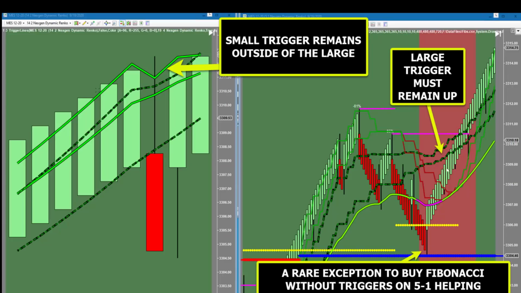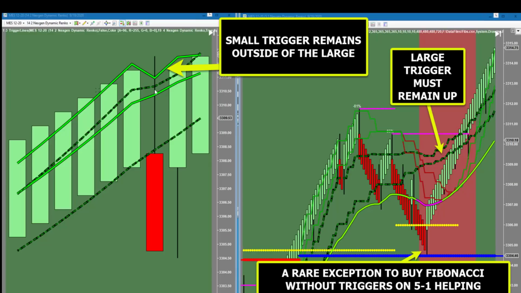However, whenever the large triggers remain up on the 5-1 chart, and in conjunction the small triggers remain outside the large triggers on the big chart, most of our experienced traders are buying this Fibonacci support and taking a huge trade, a huge advantage.